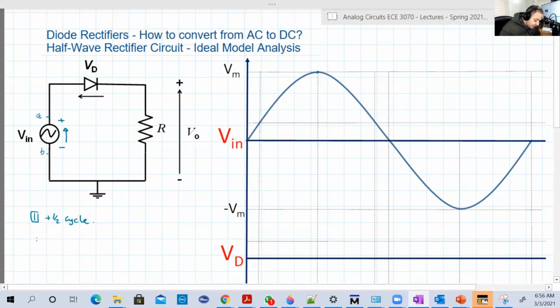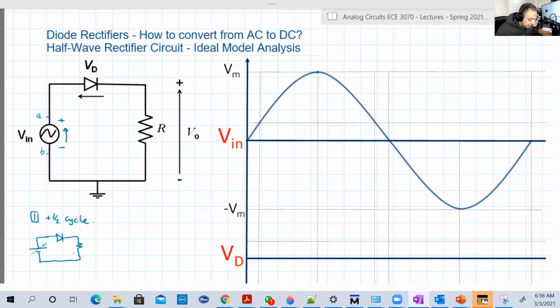Okay, so in the positive half cycle, or the first half cycle, whatever you call it, you can represent this circuit with a battery like this. Although this battery has a variable voltage, all the voltage it produces is positive, like 5, 4, 1, 10, whatever. It cannot be -1 or anything negative. It is always positive.